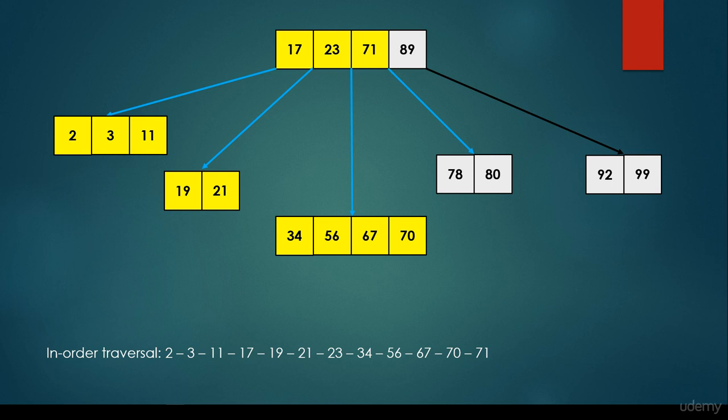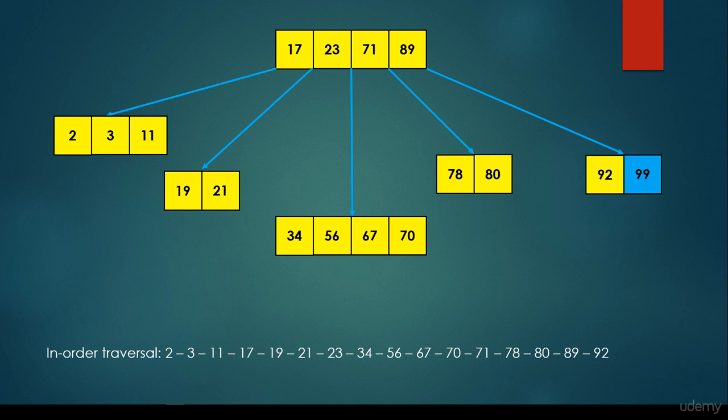And we have to consider this node. 78 is going to be the next item in the in-order traversal because it doesn't have any children. What about its neighbor? It doesn't have any children, so we keep putting it into the in-order traversal. Okay, we keep backtracking and we keep visiting the 89. Then we keep visiting the last branch of this root node with the 92 and the 99.